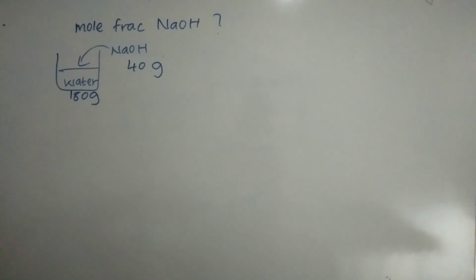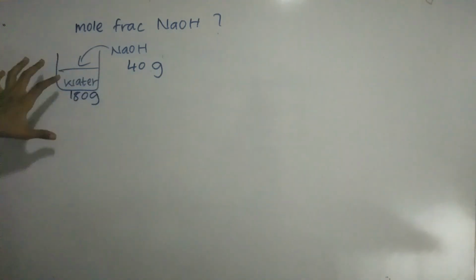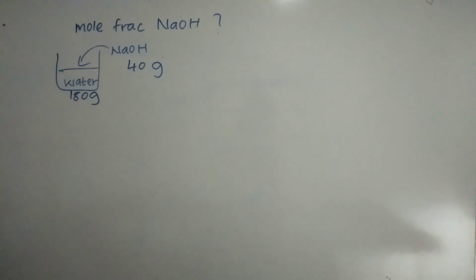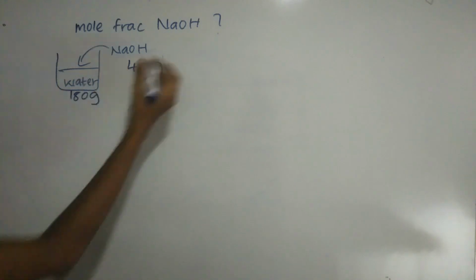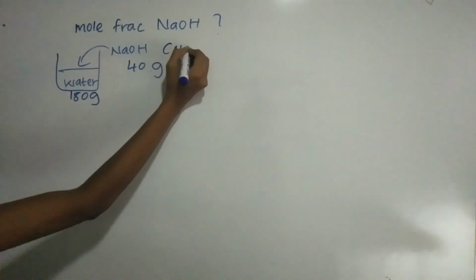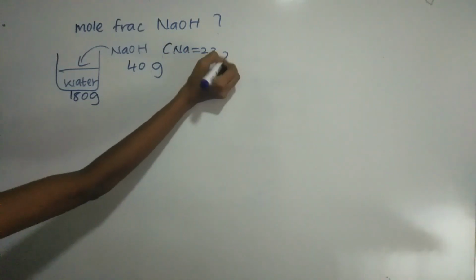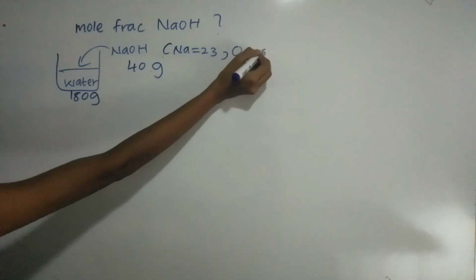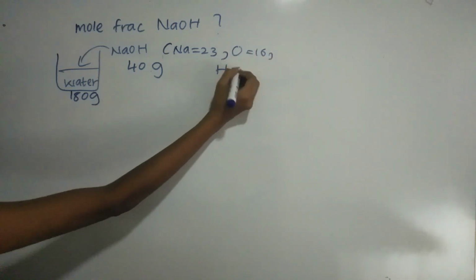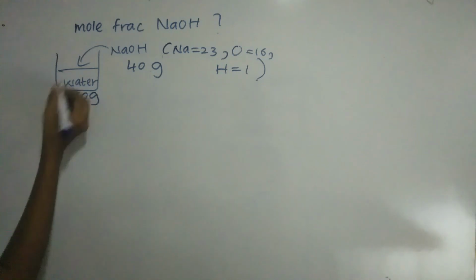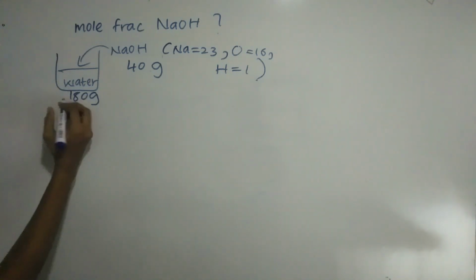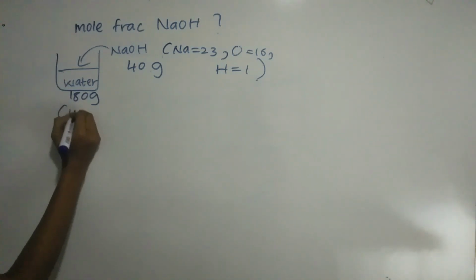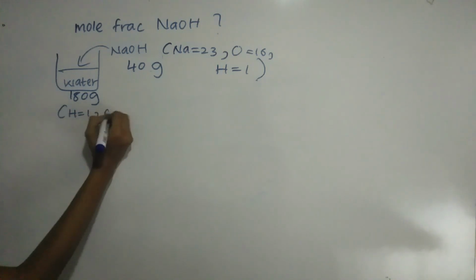How are we going to find them? We know the relative atomic masses: sodium is 23, oxygen is 16 and hydrogen is 1.